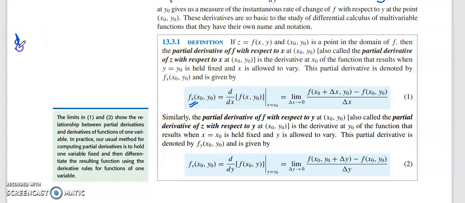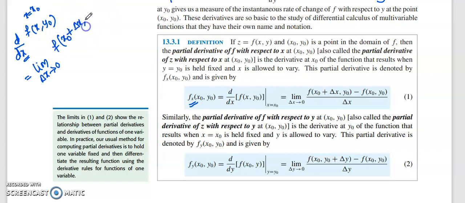Now by the definition of derivative, d by dx of f of x, y0, where the variable which is changing is x, will be limit delta x tends to 0 of f of x0 plus delta x, y0 minus f of x0, y0, by delta x.